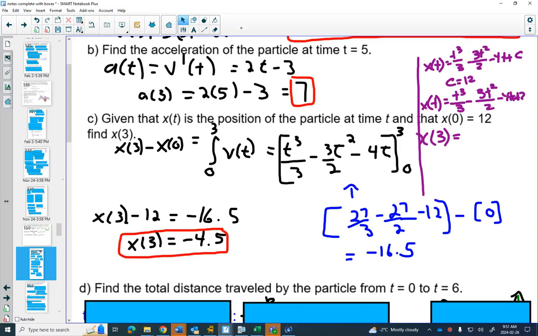So in this question, I could solve it like a solving for C question, get my equation, and then I just have to plug in 3. If you plug in 3 and solve it, sure enough, you get negative 4.5, just like before. But I could also use a definite integral and say, hey, if I'm doing my definite integral, I'm going to get x of 3 minus x of 0.